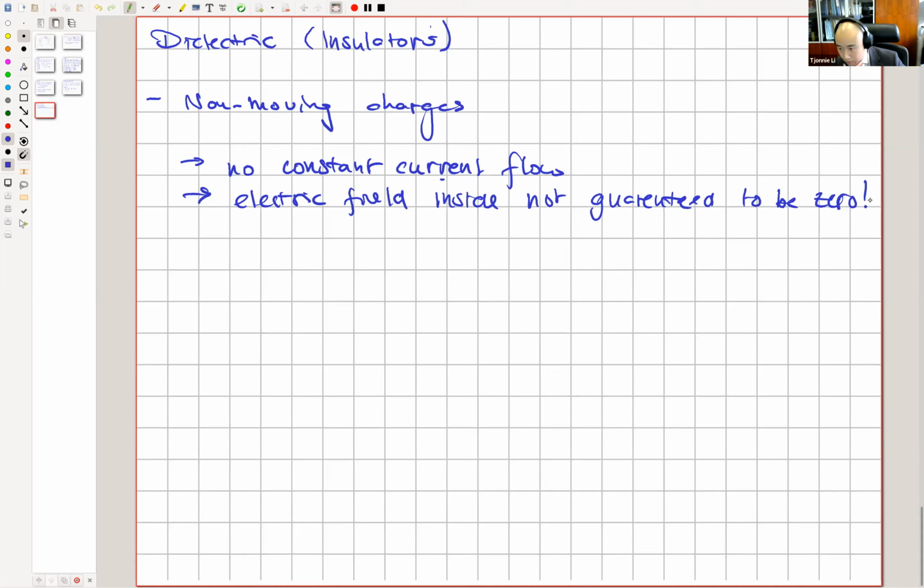Induced dipole. Sure. So Winglock is saying it could be an induced dipole. Yes, could be.